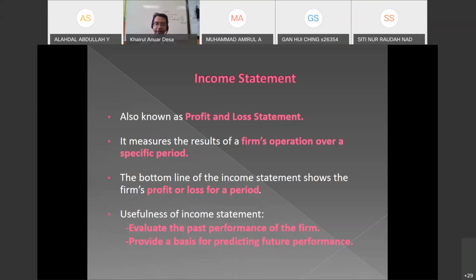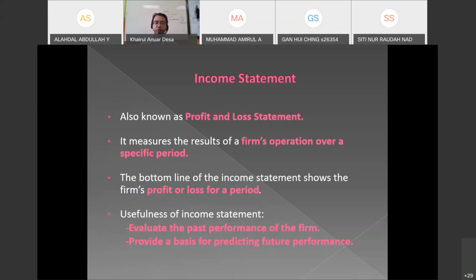So I just want to remind you what is the financial statement period. Okay, some of the companies start from January to December. Okay, ada syarikat yang memulakan atau membuat penyata kewangan mereka bermula daripada bulan January, 1st January to the 31st December setiap tahun. Normal kan?